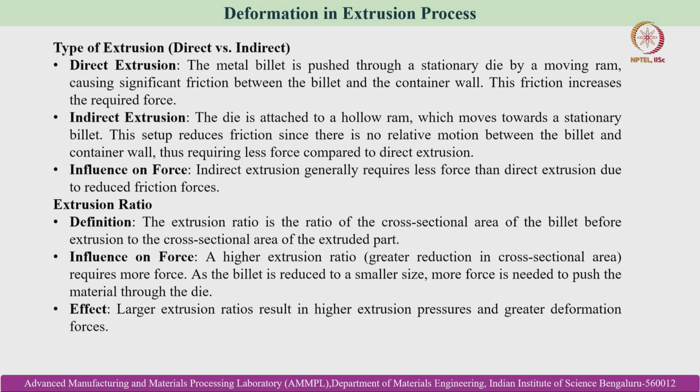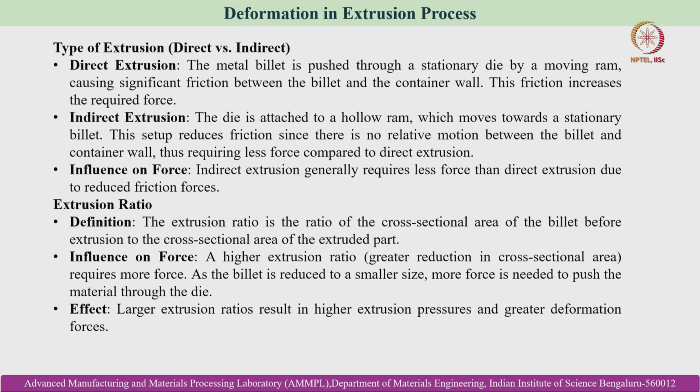This setup reduces friction because there is no relative motion between the billet and the container wall, thus requiring lesser force compared to direct extrusion. The power requirement is also lesser in indirect extrusion compared to direct extrusion.